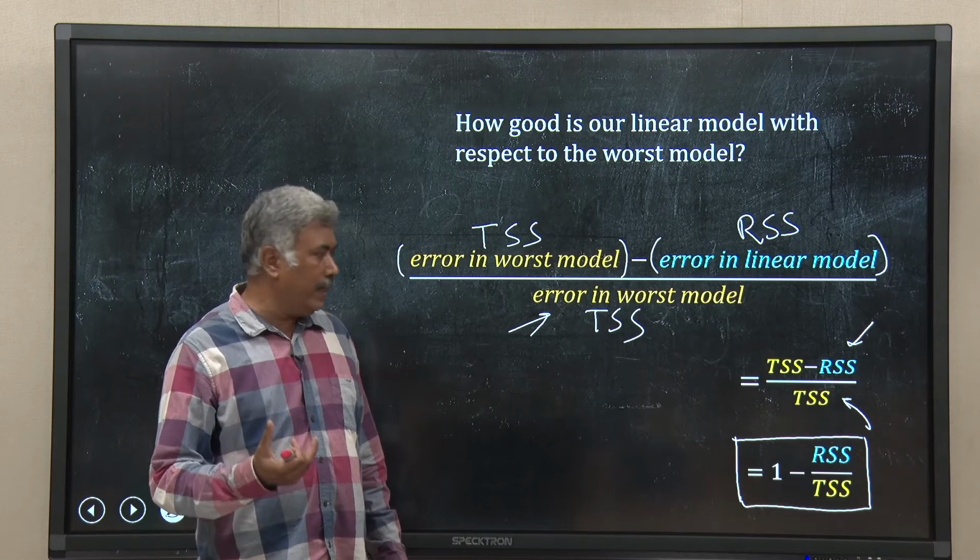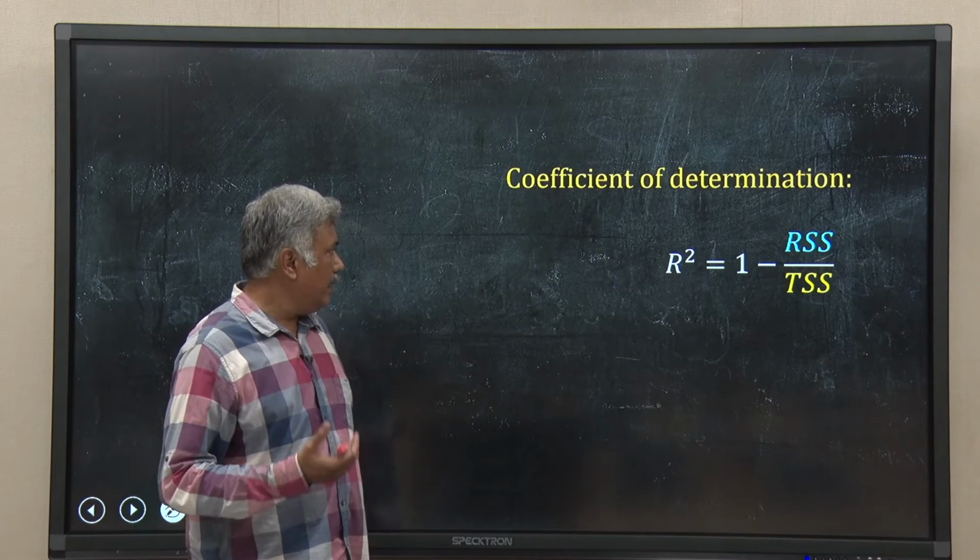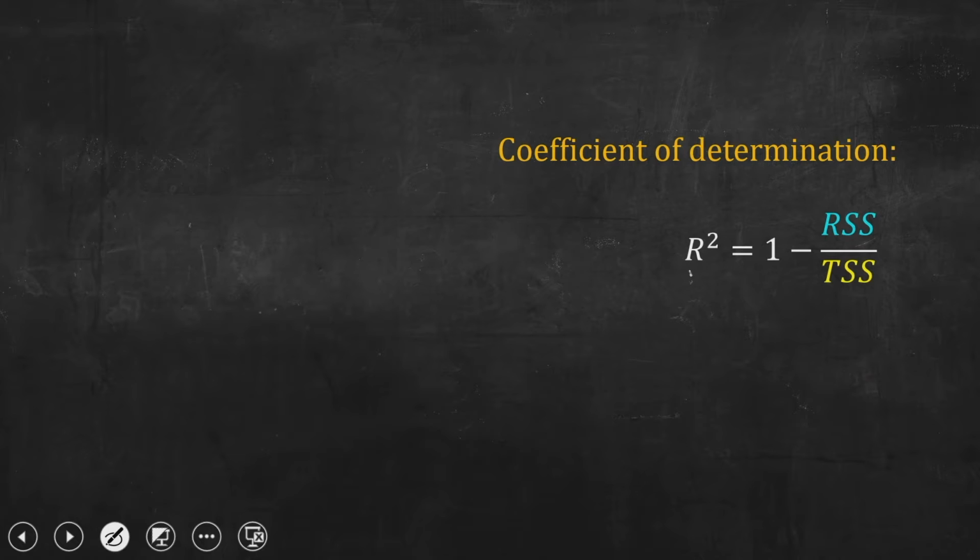This term, 1 minus RSS by TSS, is called R squared, you must have heard of it earlier. It is the coefficient of determination. So, R squared is equal to 1 minus RSS by TSS.